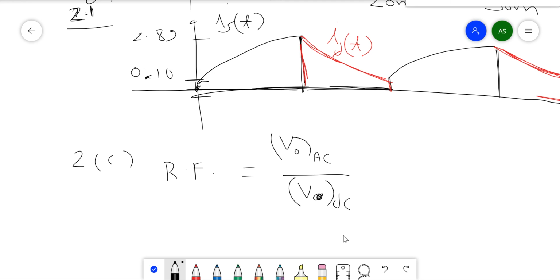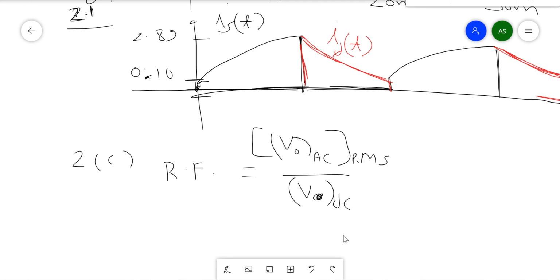So for that you will have to calculate the RMS of the AC component only. In the total waveform, first of all you will have to calculate the RMS value of the complete waveform, and from that value if you subtract the RMS of the DC part, then you will have the RMS of the AC part only. Okay, so this is one way to calculate the ripple factor.